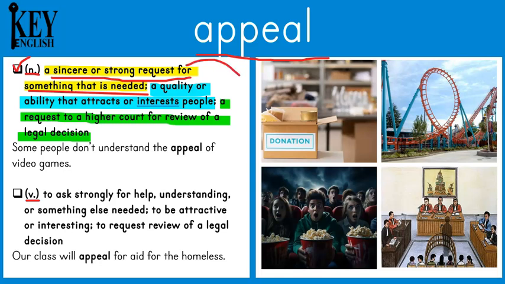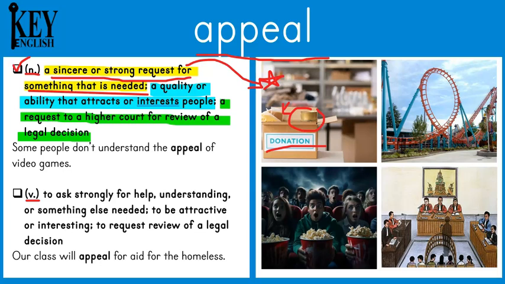An example of this would be like in this picture here. This is a box for donation full of cans and other food items that people might need if they are homeless or if there was something terrible like an earthquake or a flood that caused people to lose their homes. So they would need food items and maybe clothing items.